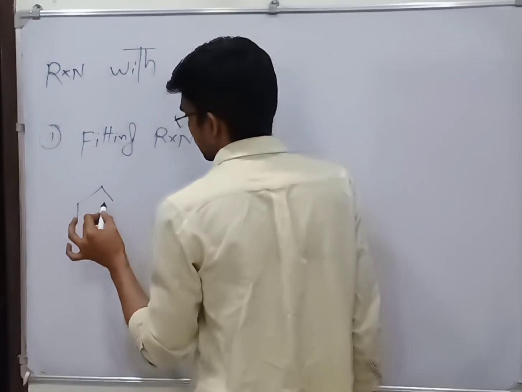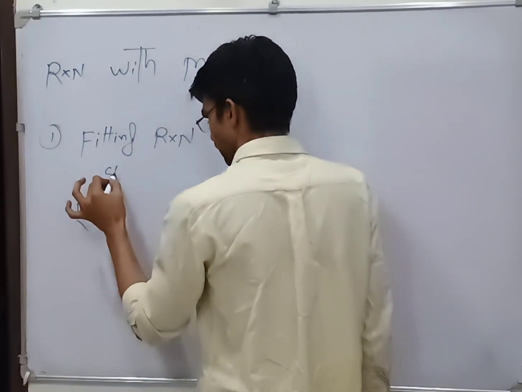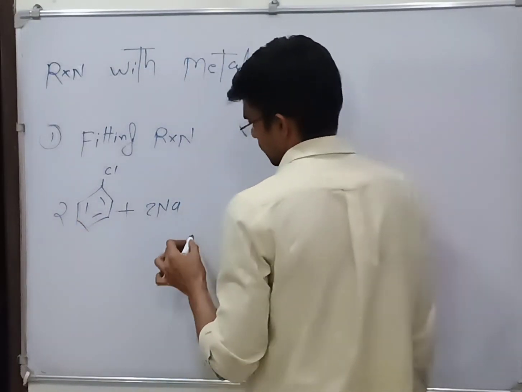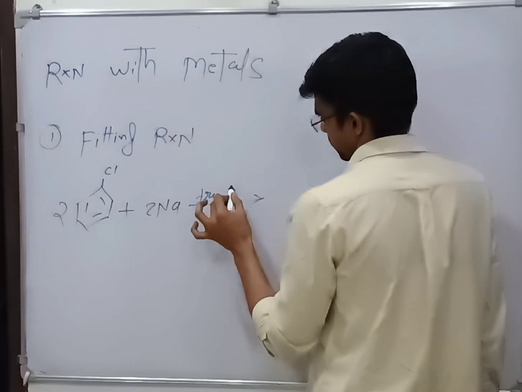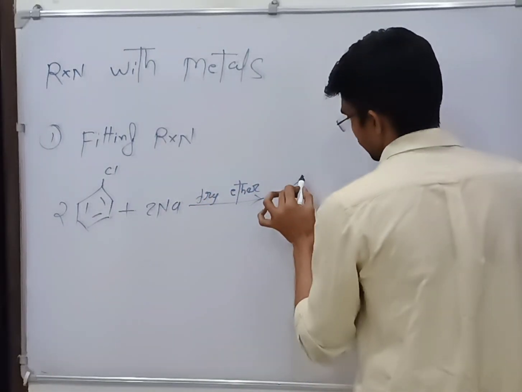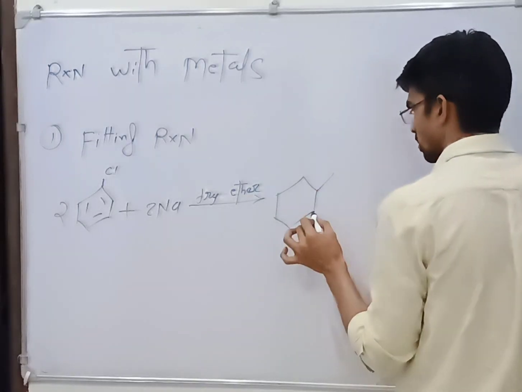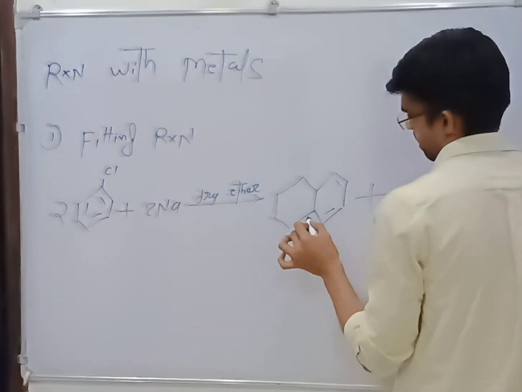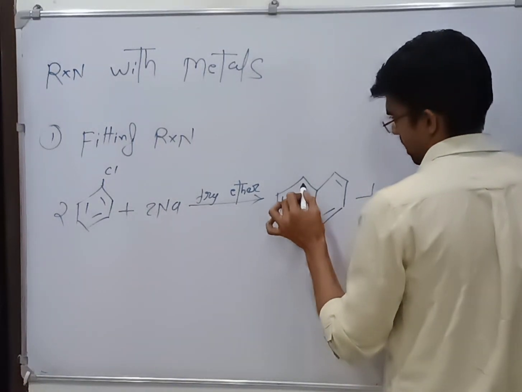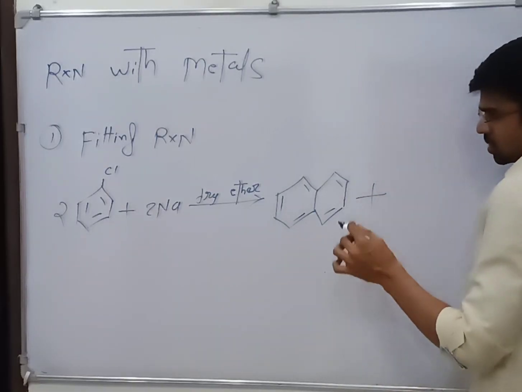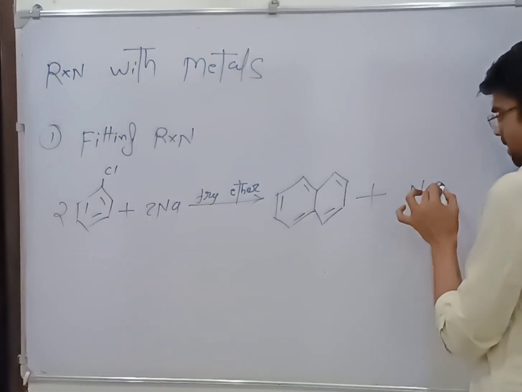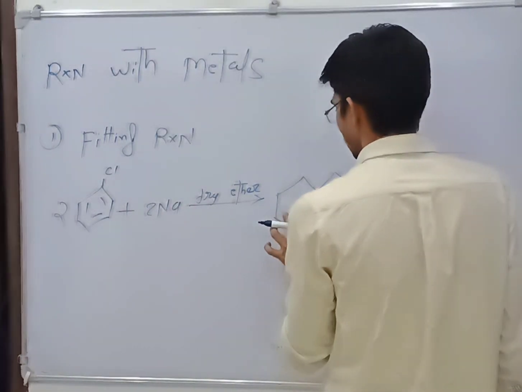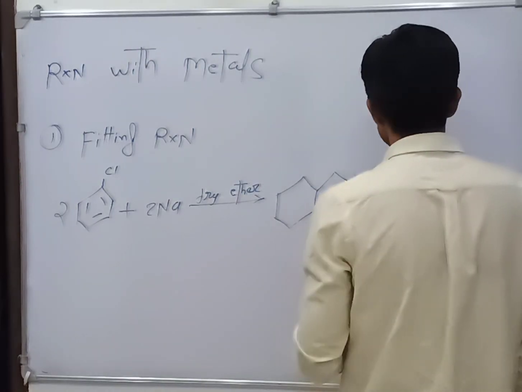When we react the haloarene with sodium, take 2 sodium, in the presence of dry ether, it will give you alkyl benzene, plus 2NaX.